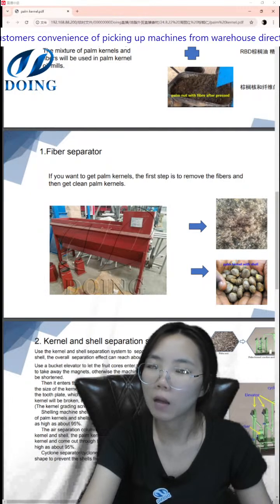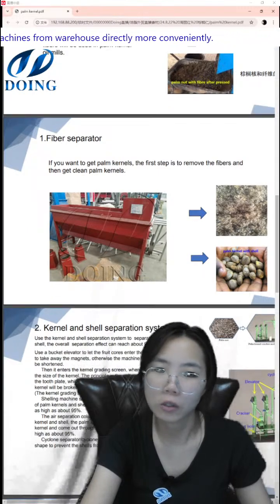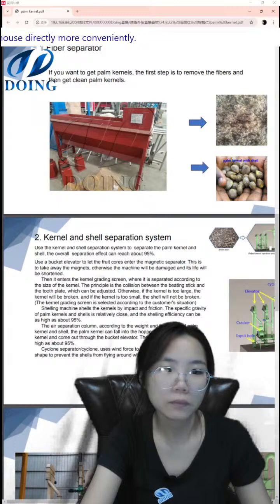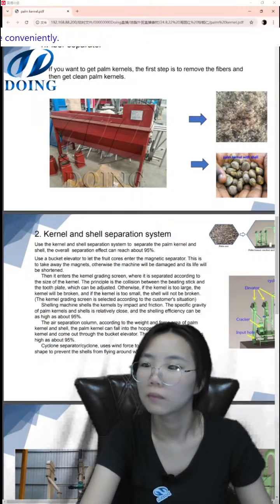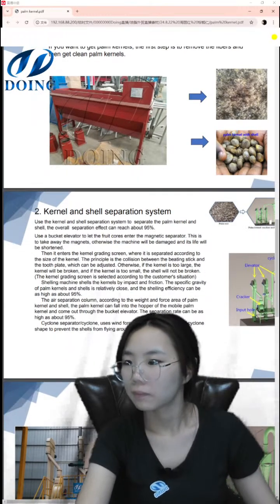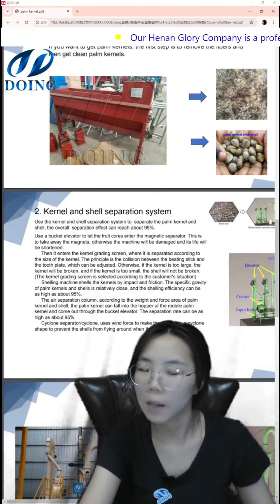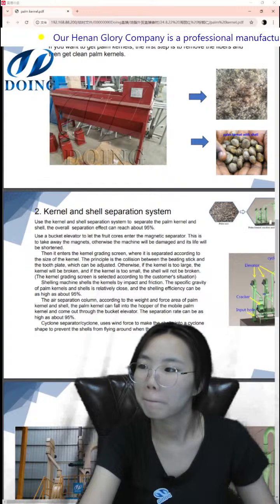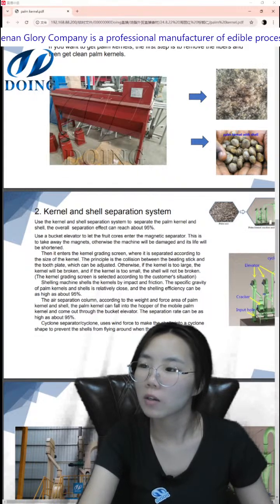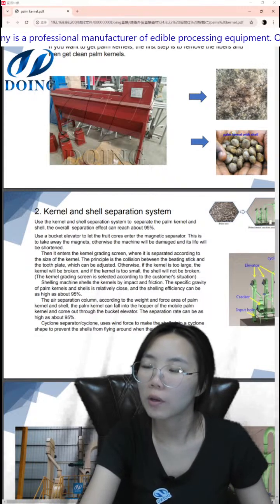This is palm nuts. Palm nuts are palm kernel with a shell. And the second part is the kernel and shell separation system. Use the kernel and shell separation system to separate the palm kernel and shell.